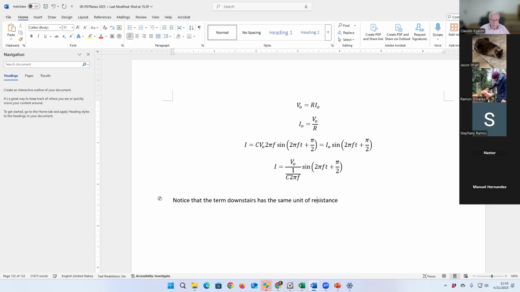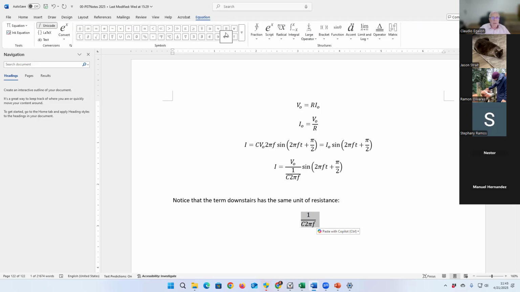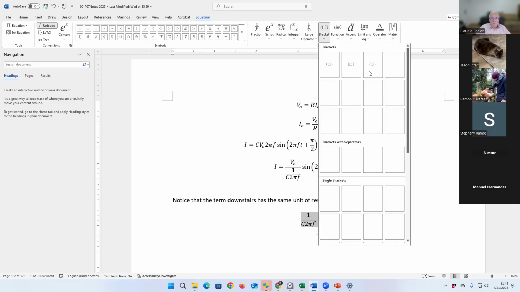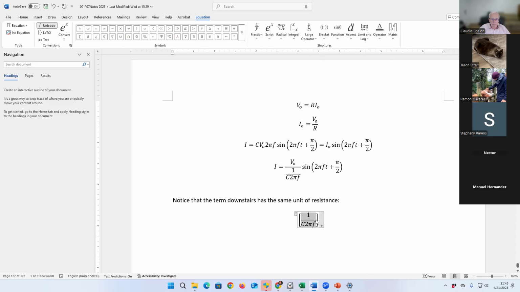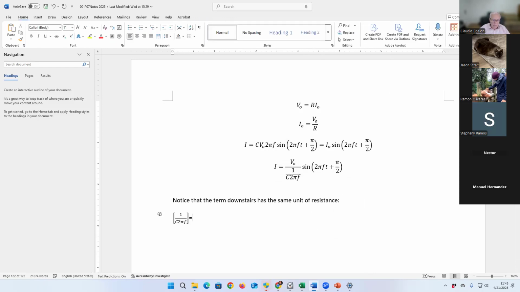And this guy right in here, I'm going to put a square bracket, has unit of ohm, unit of resistance.